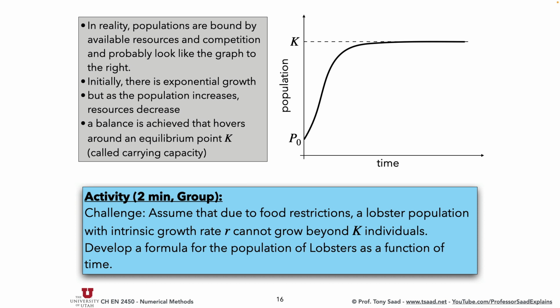And don't look at the slides. I know you'll be cheating. So the population is reproducing as e to the rt. How can I trigger that stability, that flattening at the top?